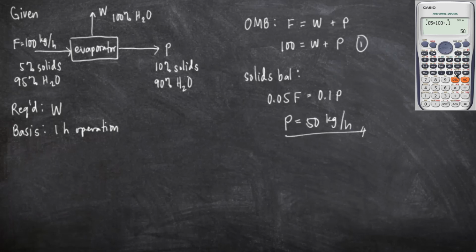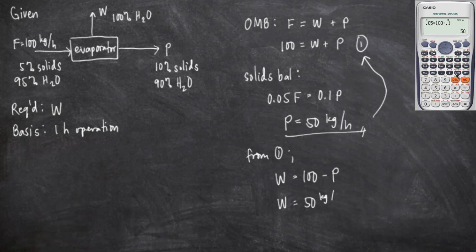Now that we know the value of P, we can go back to our overall material balance and calculate for W. So from equation number 1, W is equal to 100 minus P. And with that, we can say that the amount of water evaporated is 50 kilograms per hour.